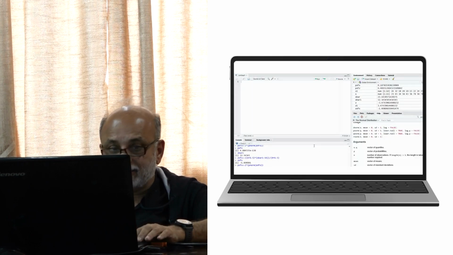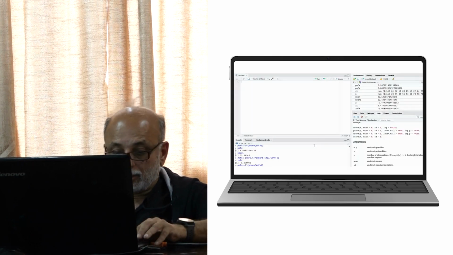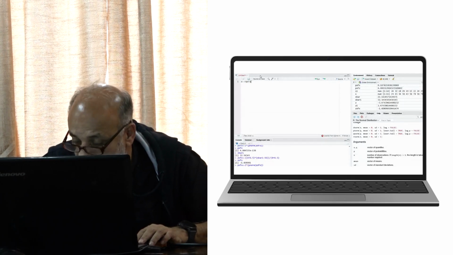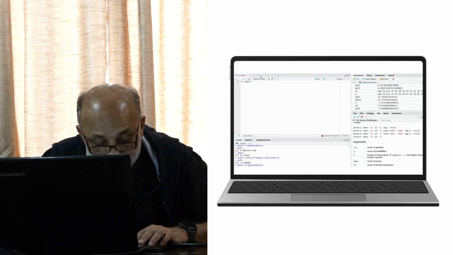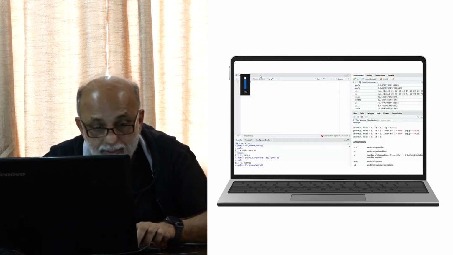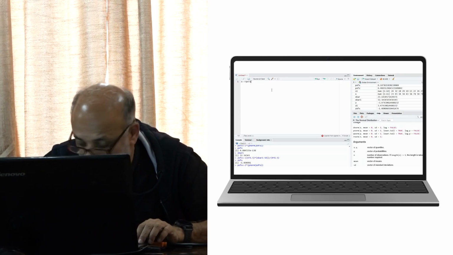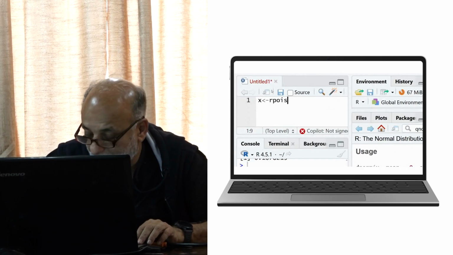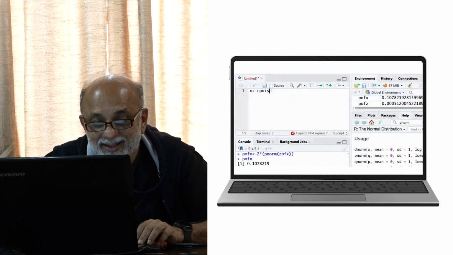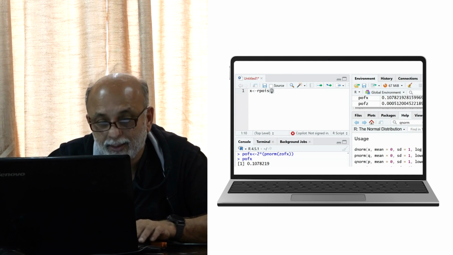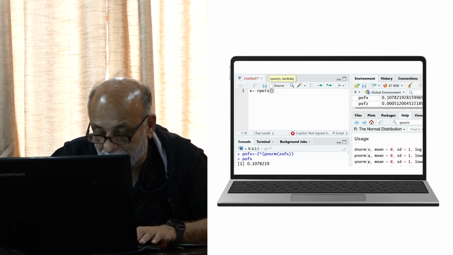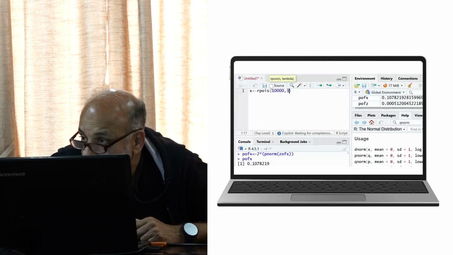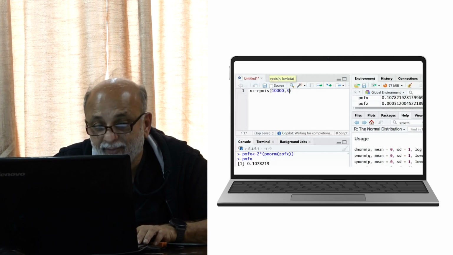So I say x is equal to rpois, and I want 1000 numbers and specify a value of lambda, say 3. So this gives you a Poisson distribution.